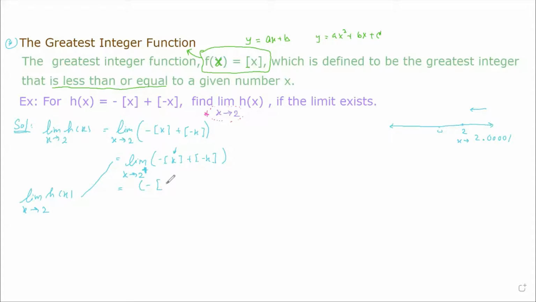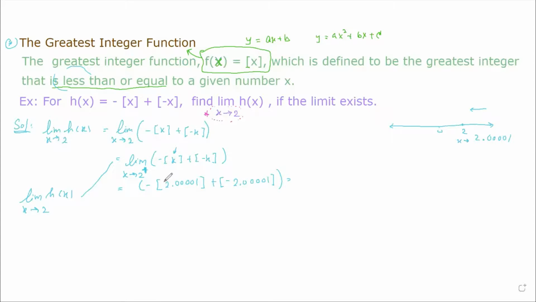Replacing this, it becomes 2.00001, still in the greatest integer pattern. Then minus this one. Sorry, we replace it, so this one is going to be 2.00001, the same thing, and then close it. After this, we read according to the greatest integer definition. We have to read the less-than, right?